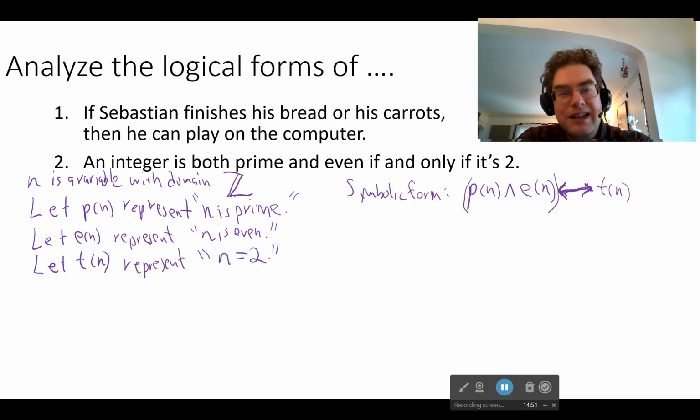Again, besides commas, these kinds of words, both, either, and so forth, are very key in interpreting the meaning in terms of precedence in which connectives are applied. So we'll put parentheses there, and then it's if and only if T of n. Again, the whole first piece is what's meant to be true if and only if T of n, which is n is equal to 2. So there's the symbolic form for the second one.